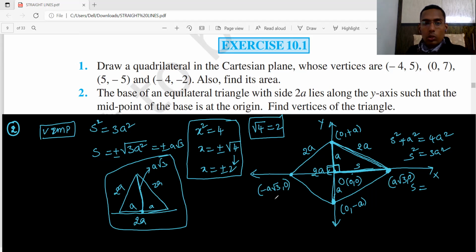So that plus or minus is important. It indicates that you don't have only 1 point, but 2 points. That means with this information, 2 triangles you get, not 1 triangle. The vertices are 0, A, 0, minus A, and the third point can be A root 3 or minus A root 3.